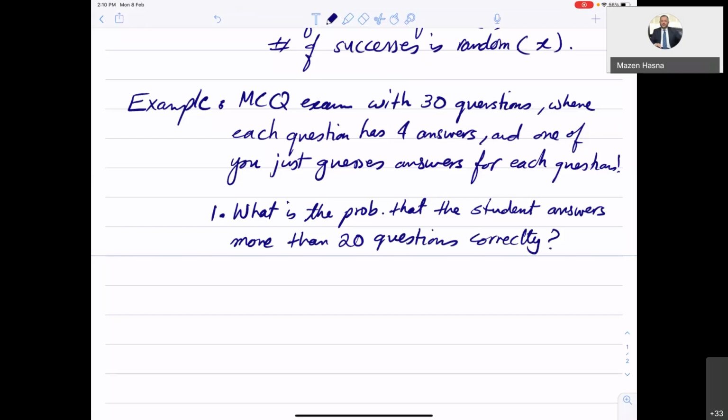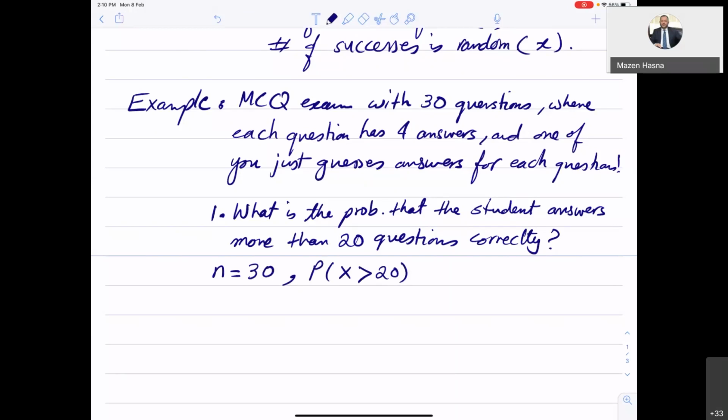So we know that what's n in this case? What's the number of trials? So the student is taking the whole test, so the number of trials is 30. And I am interested in the probability of X greater than or equal to 20. No, greater, not equal.